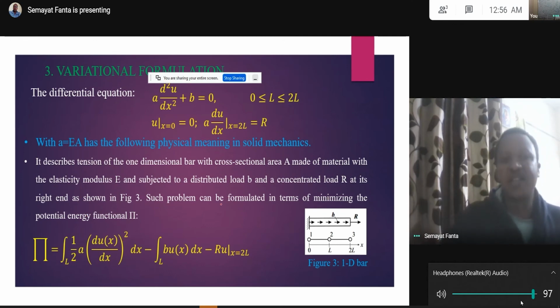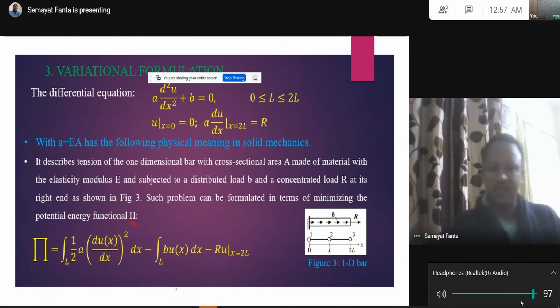For that, we use the potential energy function. The potential energy functional phi is given as the integral over the length of 1 over 2 A times du of x over dx, as a whole square, dx, minus the body force part, the integral over the length of b u of x dx, minus R u of x at the end.